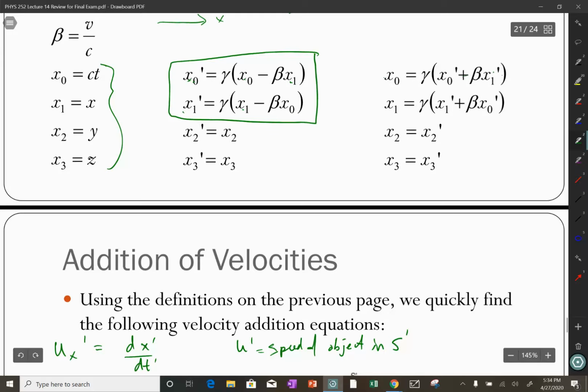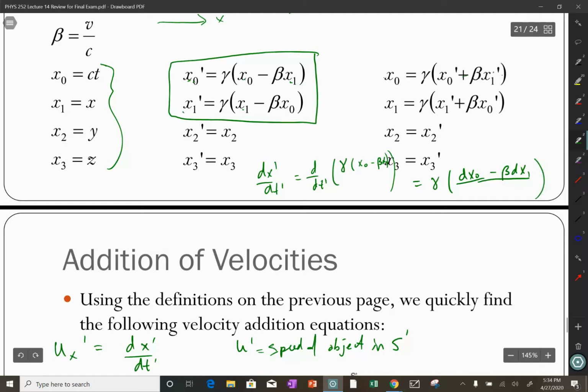And so that means that dx prime dt prime is equal to d dt prime of that, and so we went through and we said that's equal to gamma times dx0 minus beta dx1.